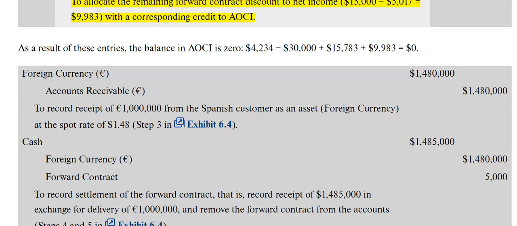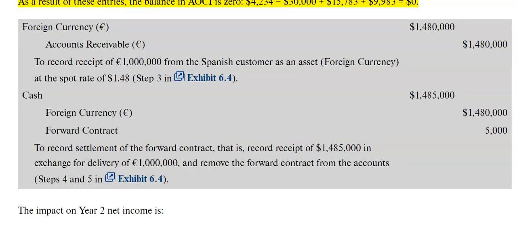To allocate the remaining forward contract discount to net income, $15,000 minus $5,017 equals $9,983, with a corresponding credit to AOCI. As a result of these entries, the balance in AOCI is $0: $4,234, plus $30,000, plus $15,783, plus $9,983 equals $0.